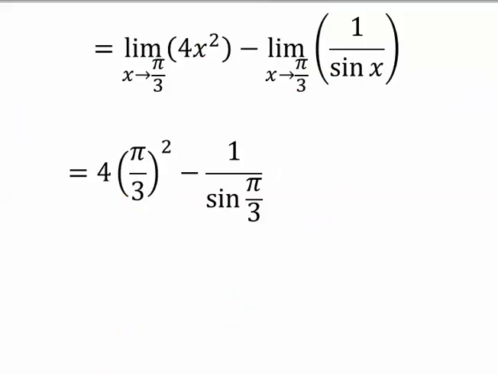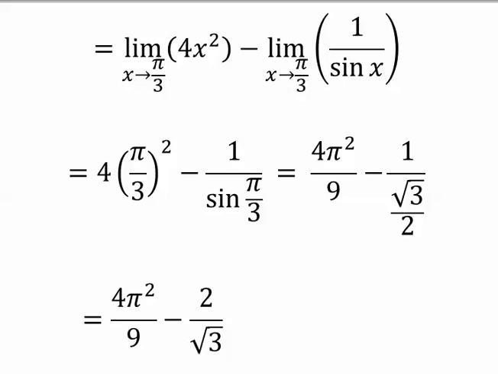And instead of sine of pi over 3, I put in radical 3 over 2. And then I need to flip that fraction. Dividing by radical 3 over 2 means multiplying by 2 over radical 3. And then the last thing I need to do is rationalize the denominator, which is my last step.